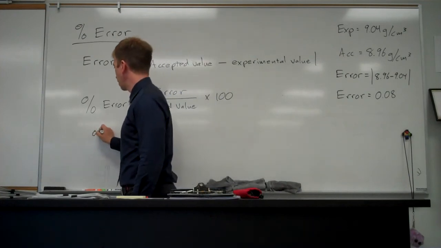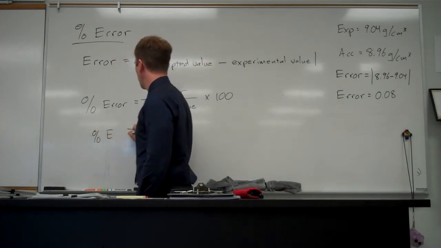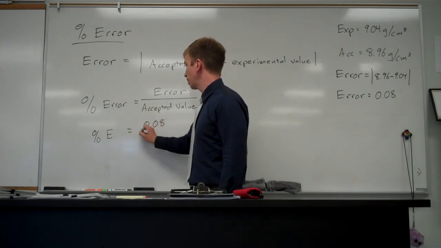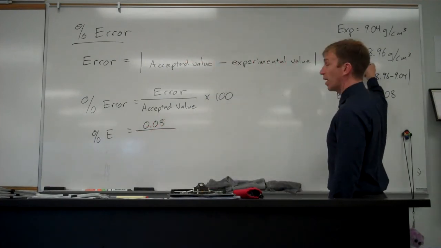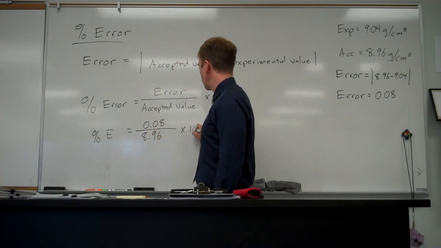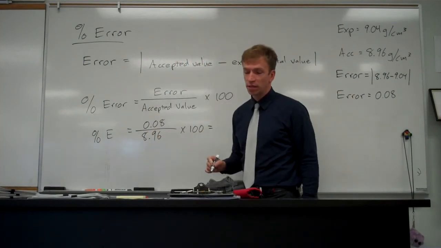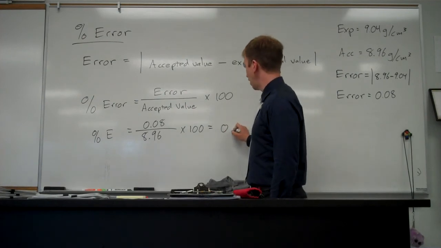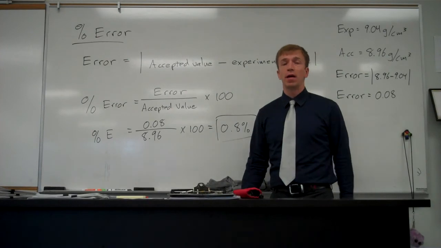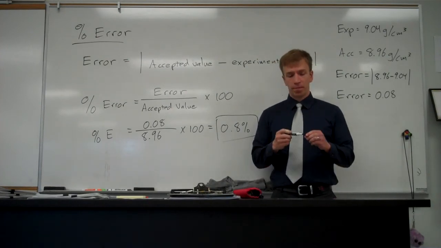And so your percent error in this particular case is going to equal 0.08 divided by the accepted value again, 8.96 times 100. And when you do this, you'll find that you only have an error of about 0.8%. If you get an error that small in lab, you're doing quite well.